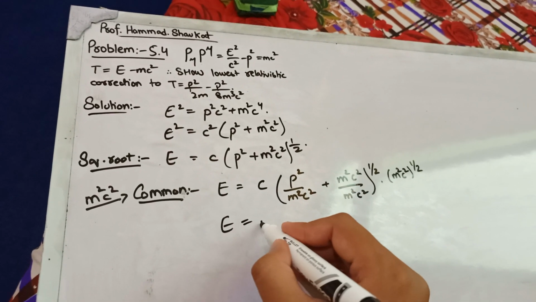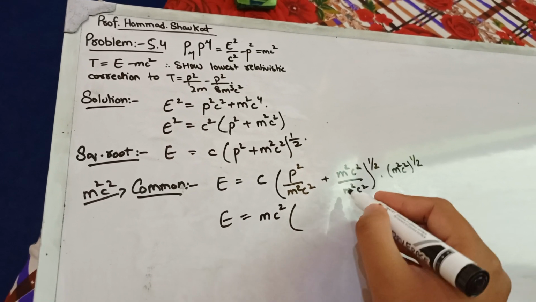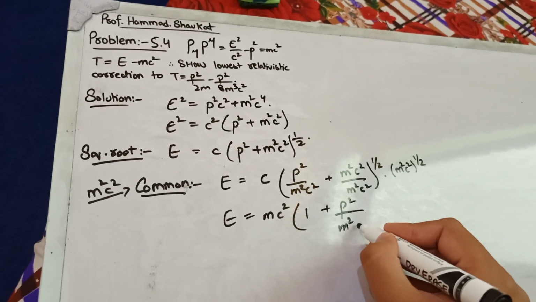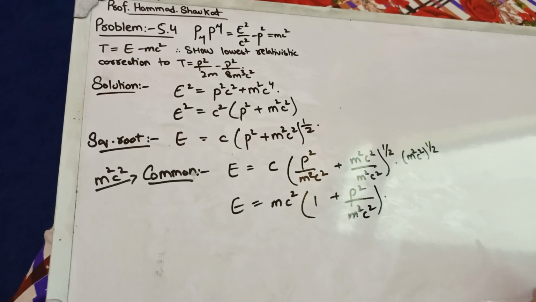Multiplied by this c, it becomes mc², and the rest becomes the square root of 1 plus p²/m²c². So this is your relation.